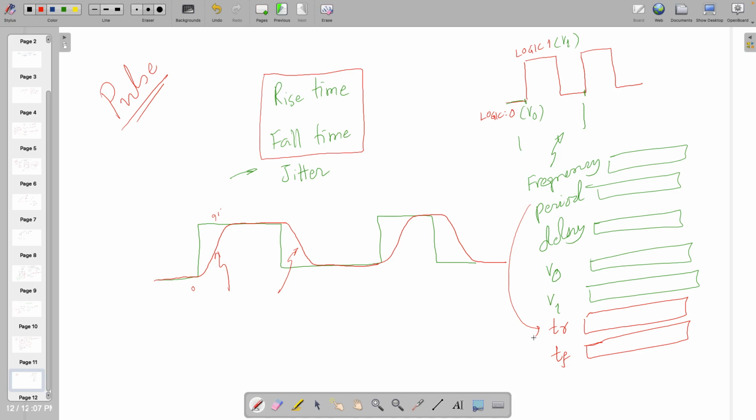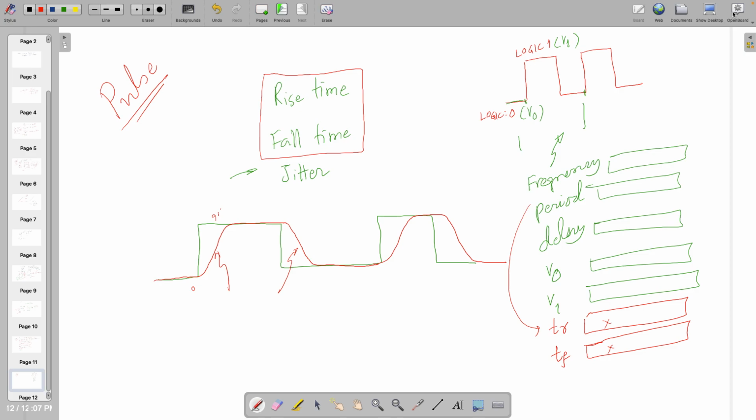All simulators have different defaults, and some simulators like LTspice take 0%, so there is no rise time and fall time. It's as good as ideal, but in reality that's not true. Reality has this kind of square wave. So you should add a rise time and fall time, but for a starting point, until you have studied digital electronics or anything on the digital side, I'd recommend keeping these entries empty. It will be automatically taken care of by the simulator.